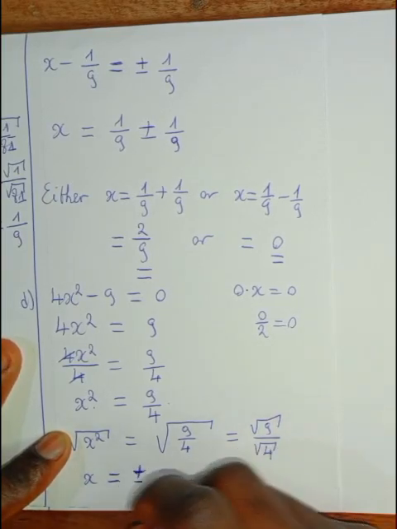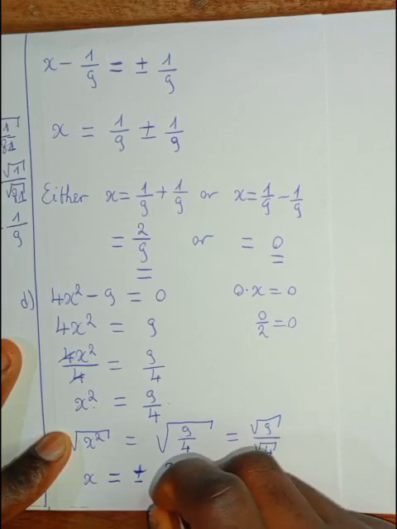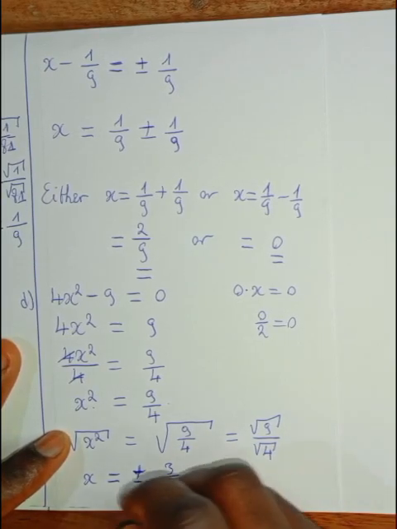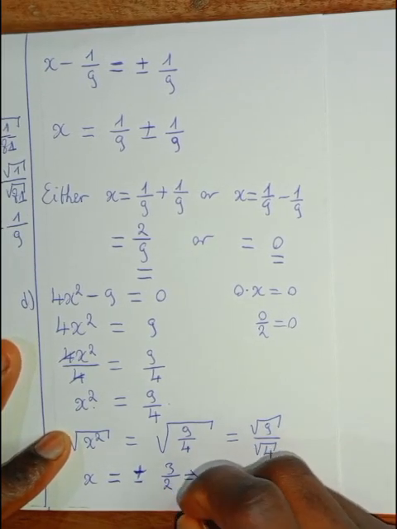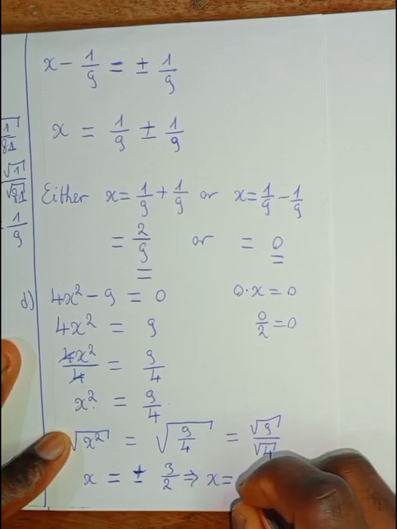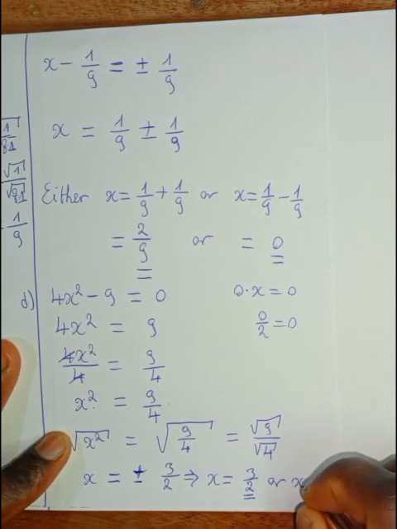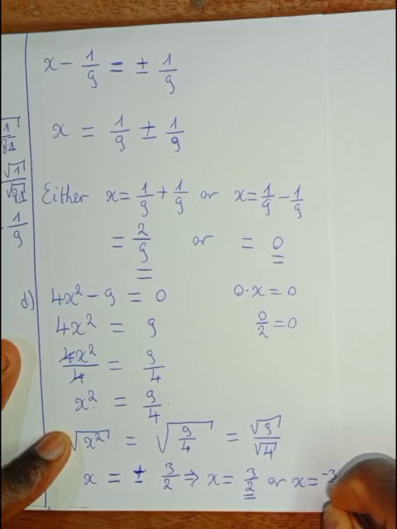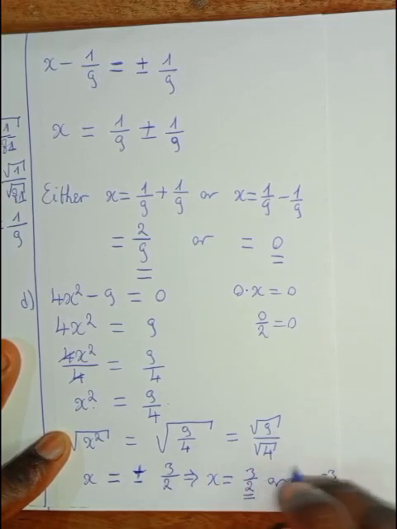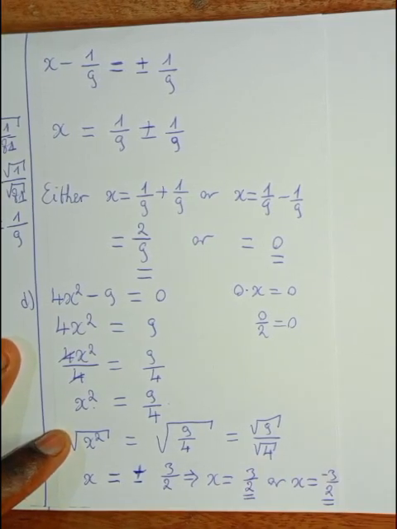So this will give us plus or minus 3 over 2. And at this level, we're going to conclude that x will be equal to 3 over 2 or x is equal to negative 3 over 2. So these are the two values. And we are done with the correction of the examples.